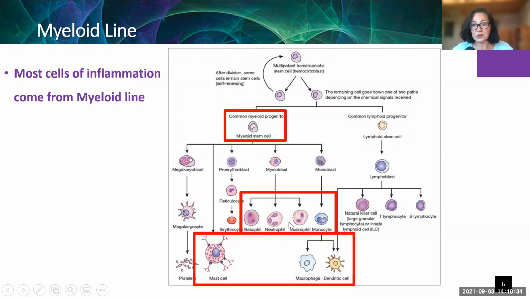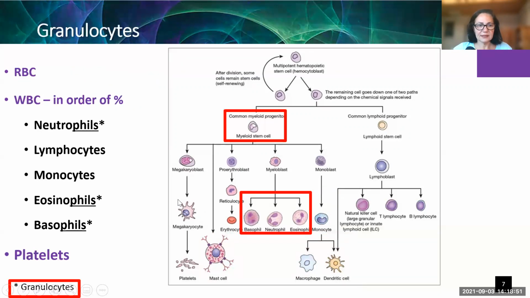Okay, that's not hugely important for what we want to do, but I told you that whole story so that you could remember that granules have to do with staining, and this "phil" name refers to which kind of stain those granules would take up. Okay, so these three cells are known as the granulocytes.